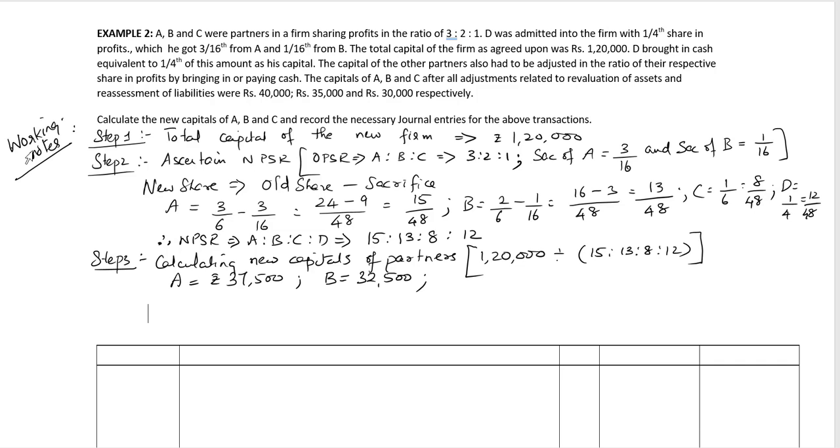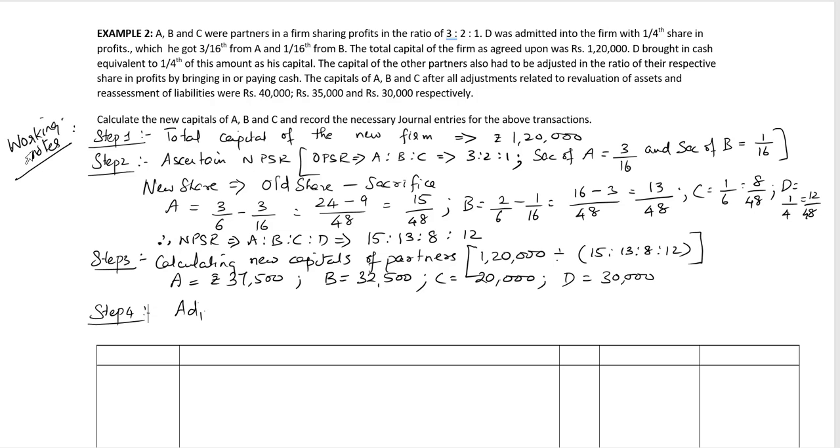In the case of C, it's 20,000 rupees. And in the case of D, it is 1,20,000 multiplied by 12 divided by 48 or 1 by 4, which is 30,000 rupees.